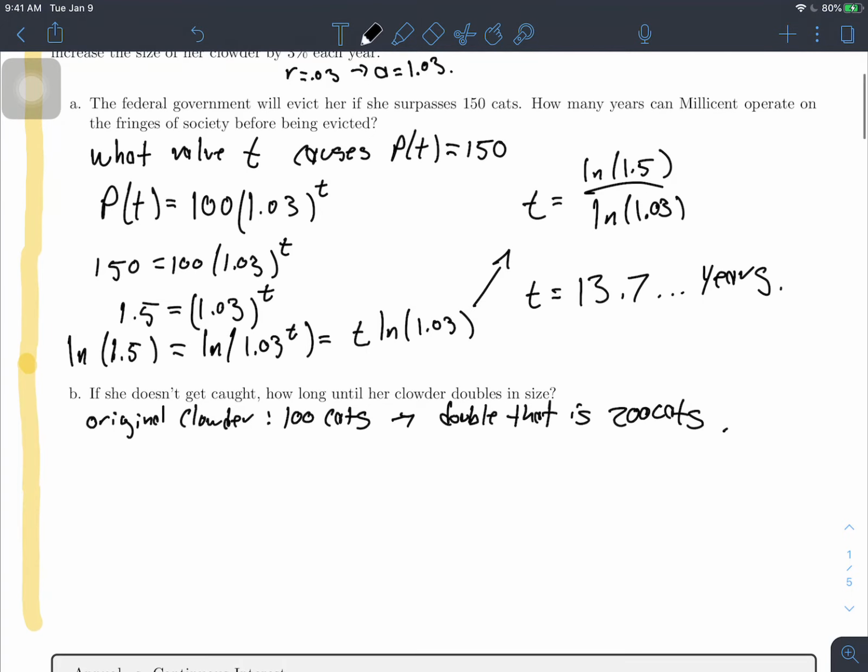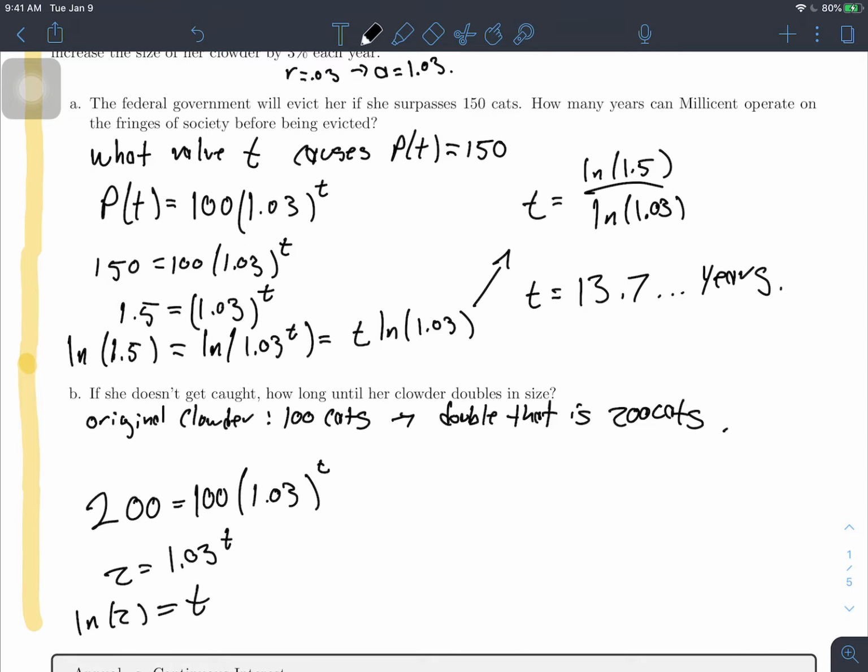So we need to come up with a formula such that 200 is equal to 100 times 1.03 to the power t. And we can solve this just like before. We'll divide both sides. We get 2 equals 1.03 to the power t. We'll take the natural log of both sides. t times ln of 1.03.